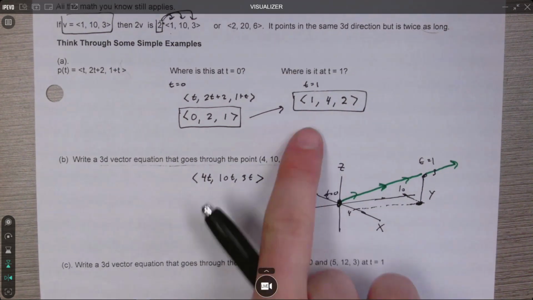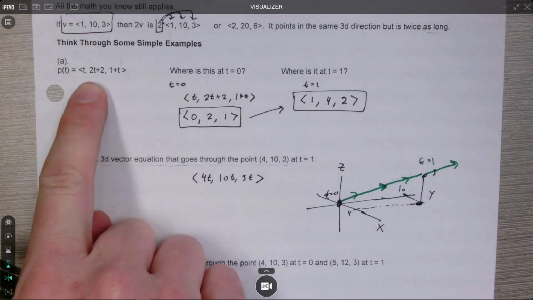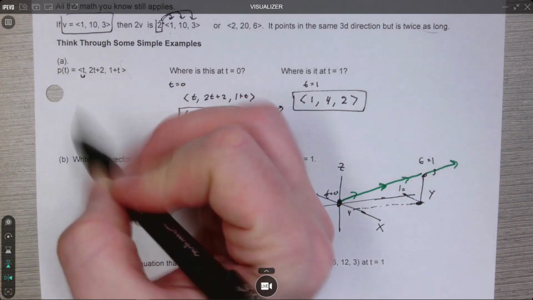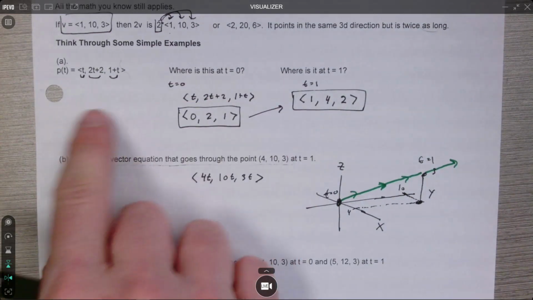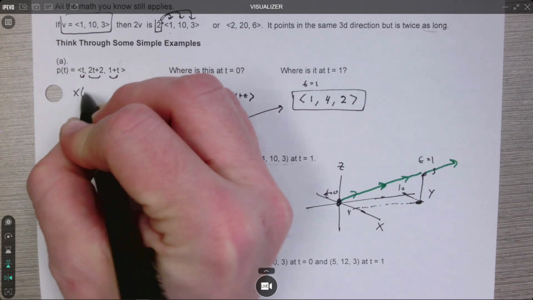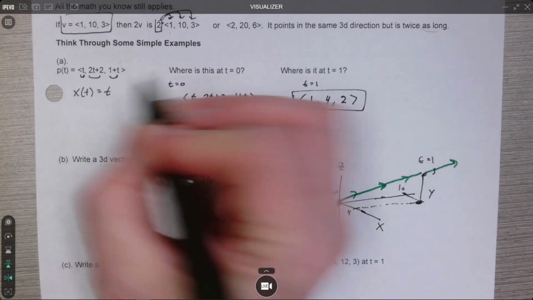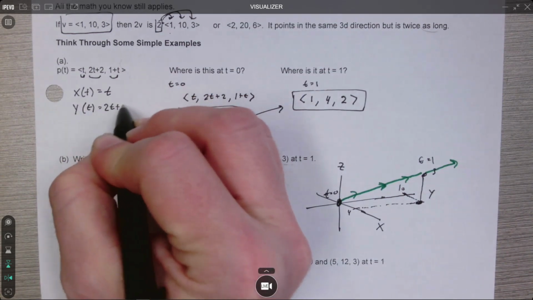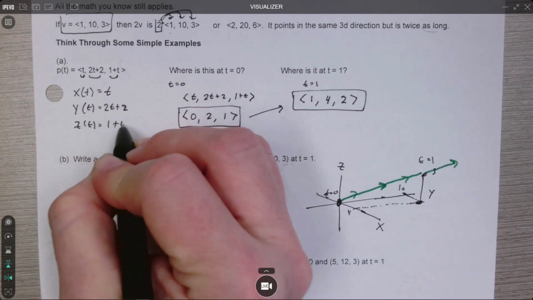Okay, before I show you GeoGebra, let me point out, here we have written it in a vector form, but remember this first component tells you your x coordinate, y coordinate, z coordinate. So an equivalent way of writing this same path would be parametrically, using 3 equations. I could say x as a function of time is just t, y as a function of time is 2t plus 2, z as a function of time is 1 plus t.